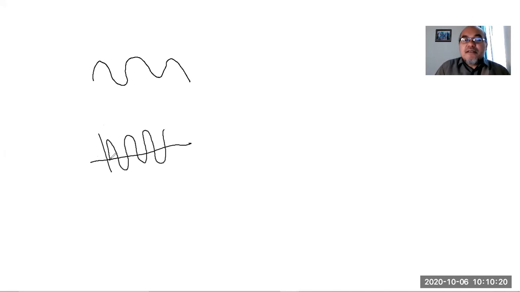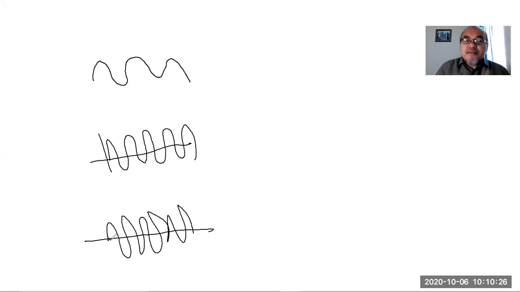So, for example, we have a triple frequency signal. Here we have a signal with low frequency, and then a signal with a bit higher frequency, and then another signal with much higher frequency.